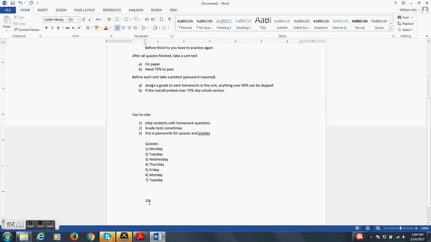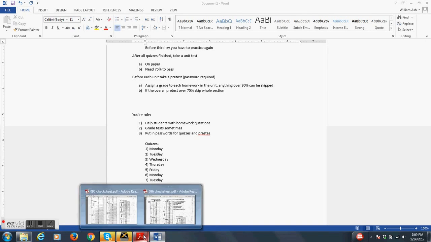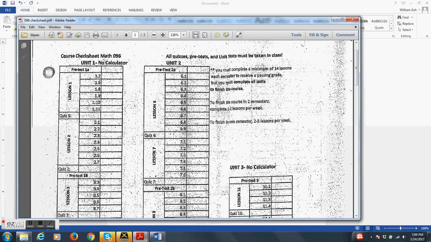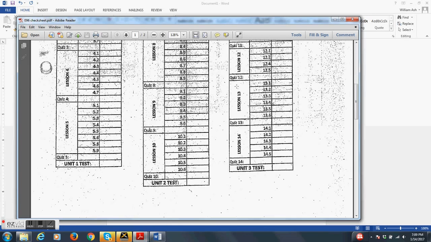So 20 would be 0, and 23 is 3, so 23 is going to be Wednesday. Whatever the quiz number is, you can just pick it off. Like quiz 14, Thursday, right? 1, 2, 3, 4, 5.